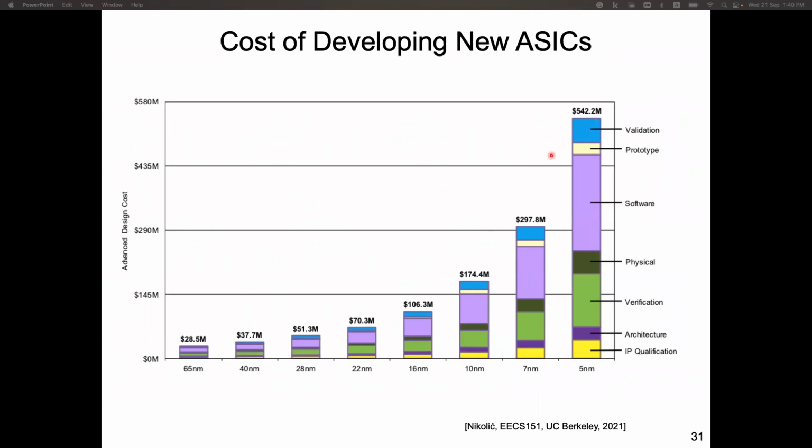If we look into the components of the design cost, it includes the fee for software. This is the greatest portion. A modern digital IC contains tens or hundreds of billions of transistors.